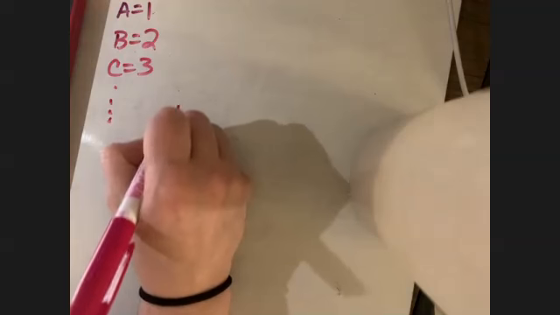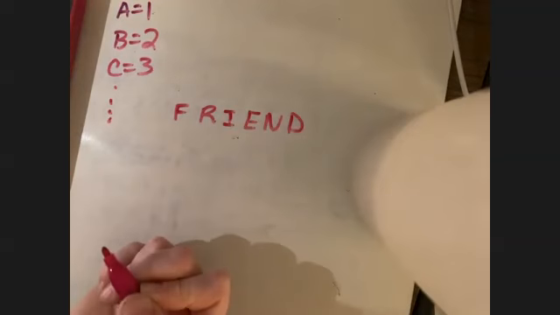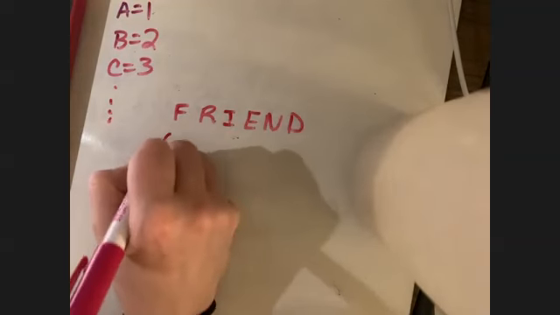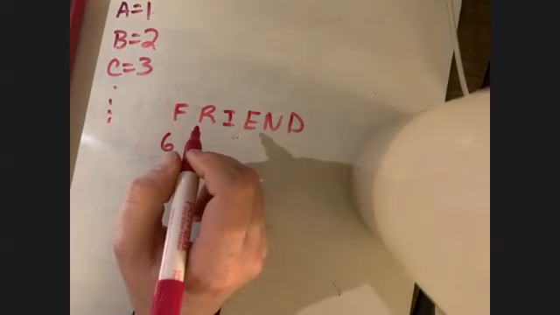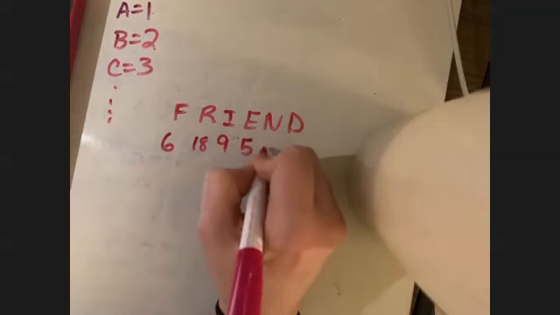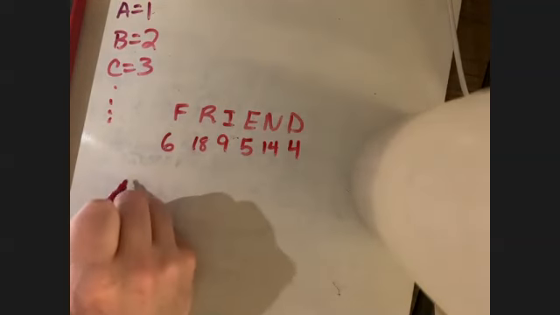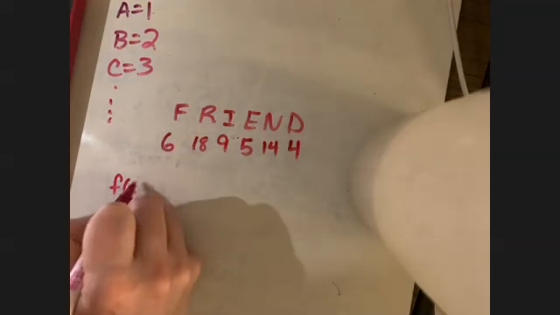So, for example, if I was going to use the letters A is 1, B is 2, C is 3, so on and so forth, and if I was going to spell the word friend, my letters would be 6, 18, 9, 5, 14, and 4.